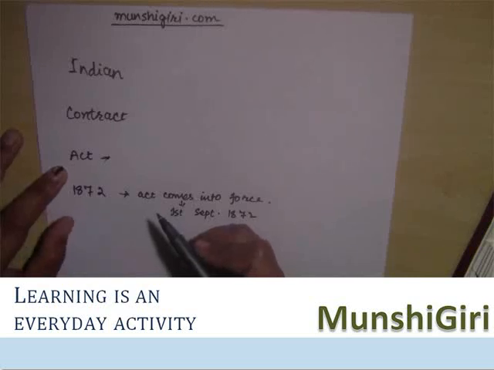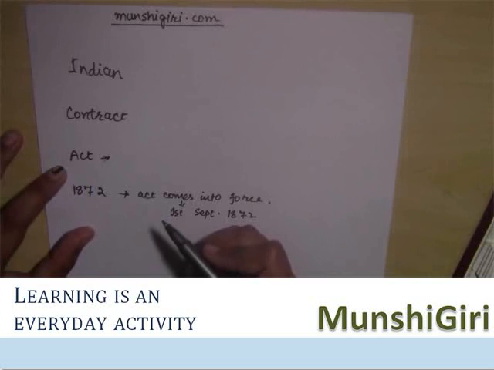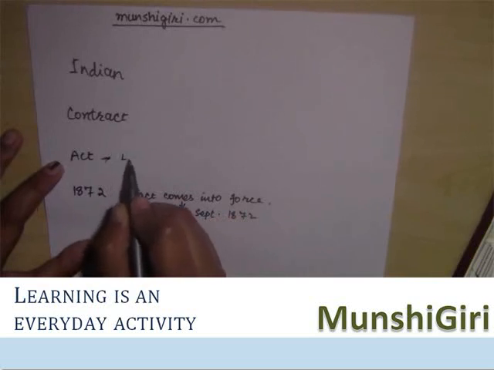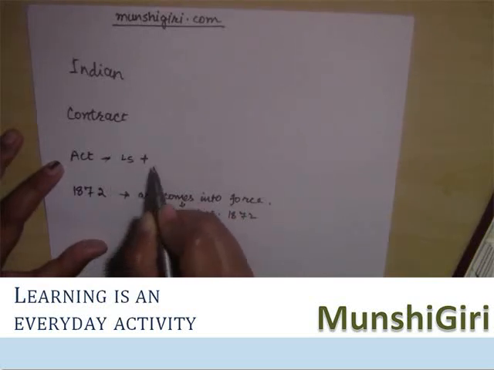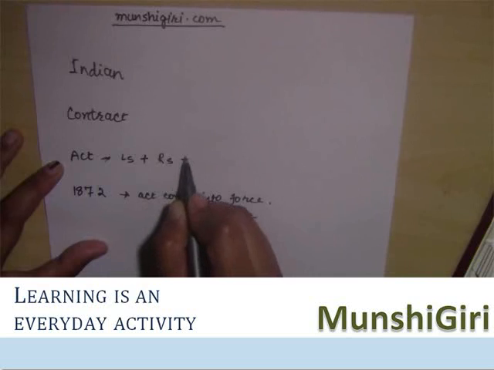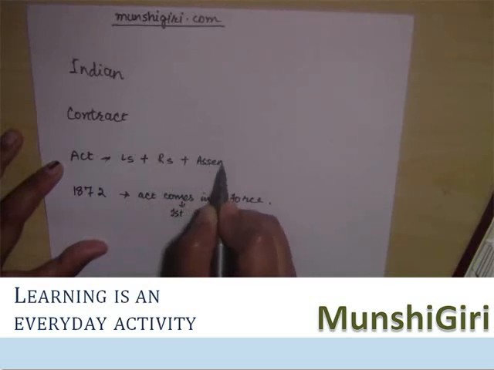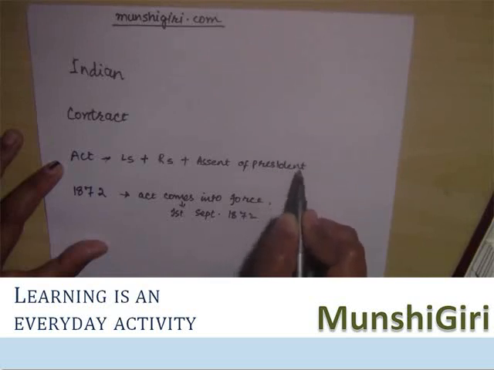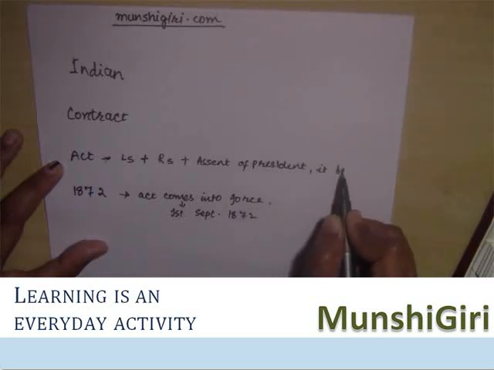So, when a draft bill is passed by both the houses of parliament and gets the assent of the president, it becomes an act. So, draft bill passed by Lok Sabha plus passed by Rajya Sabha plus gets the assent of the president, it becomes an act.